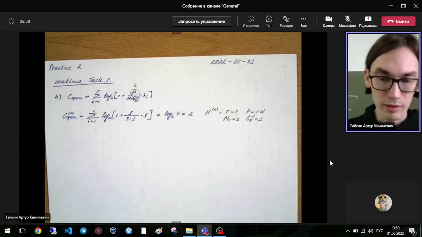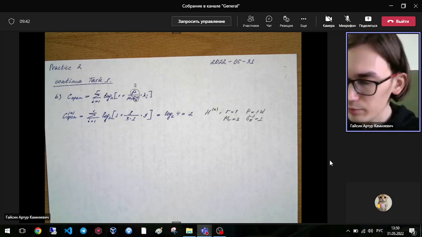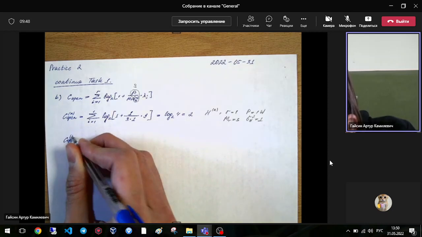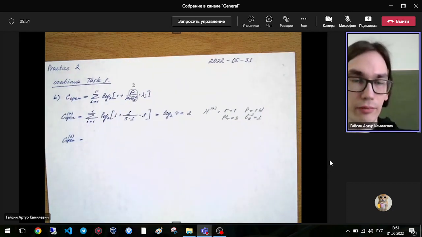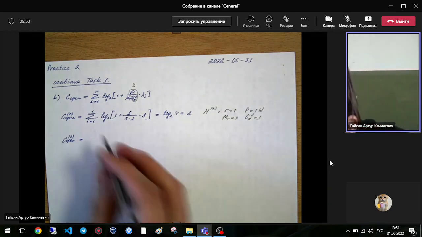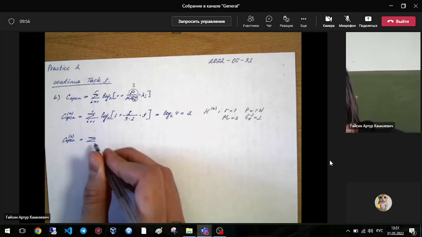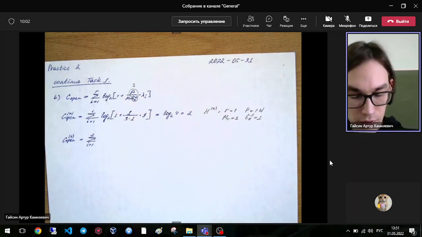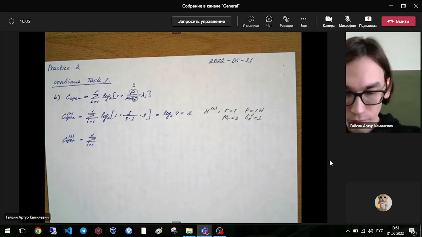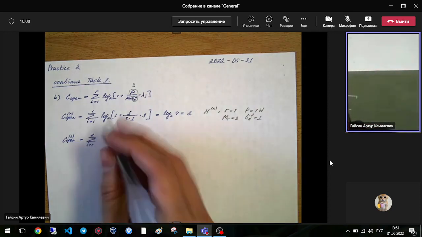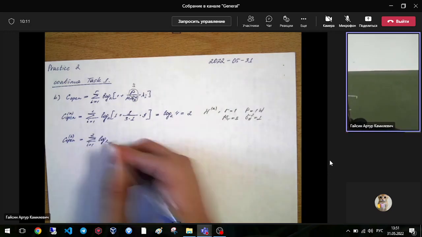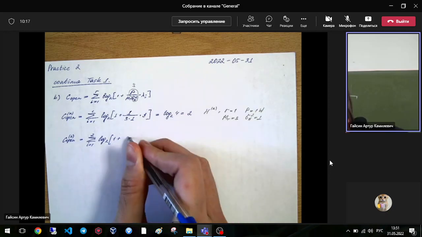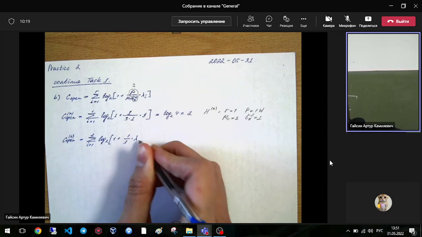Then let's calculate the same thing, but for channel B. So C open, channel B. In this case, we will have 2 values because the rank is equal to 2, and also we have these 2 eigenvalues. So the sum of logarithm base 2 of 1 plus, let's write it as 1 divided by 3 times lambda i.